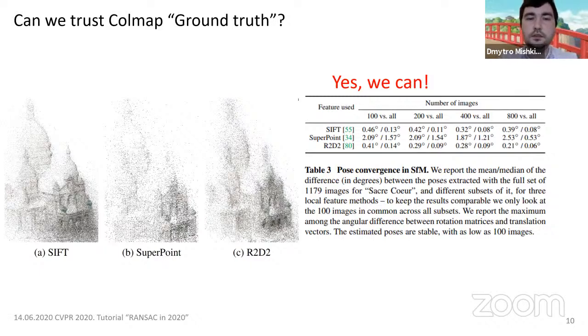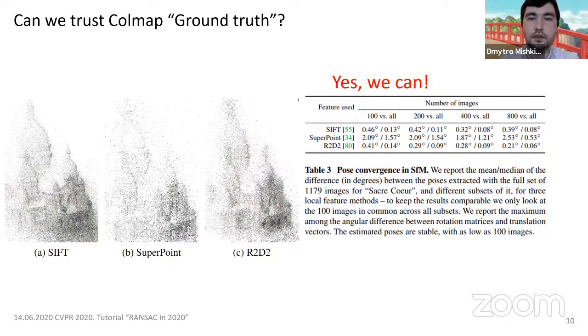To verify this, we did the following experiment. We fed different local features into the reconstruction pipeline and compared the overall accuracy of these camera poses to our SIFT reconstruction with all images. We also varied the number of images.